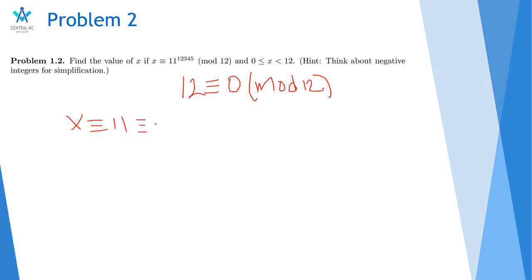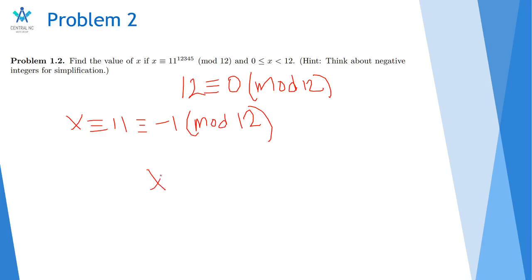So this is also congruent to negative 1 modulo 12. And now you can see why modular arithmetic is so powerful. If you had the problem 11 to the 1, 2, 3, 4, 5 divided by 12, find the remainder, you'd be like, how would we even begin? Like, how would we even start on this? But now, with modular arithmetic, you have a much more powerful tool on your side.